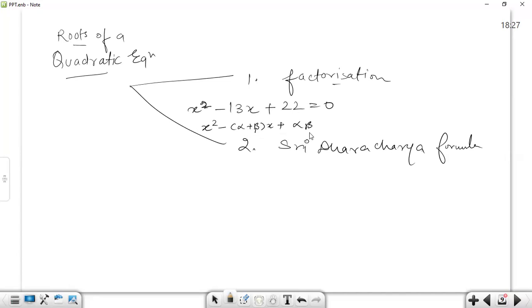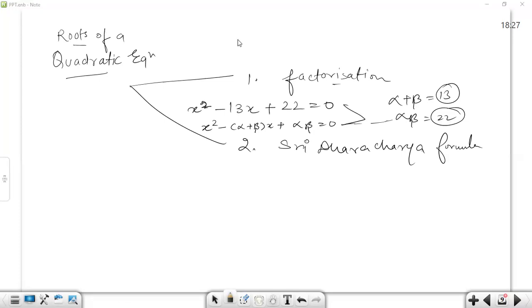I'm just writing here so that you can understand. We have to find two roots after comparing these two equations. We know alpha plus beta is 13 and alpha beta is 22. So we have to find two numbers which add up to 13 and whose product is 22. Can you guess these two numbers?